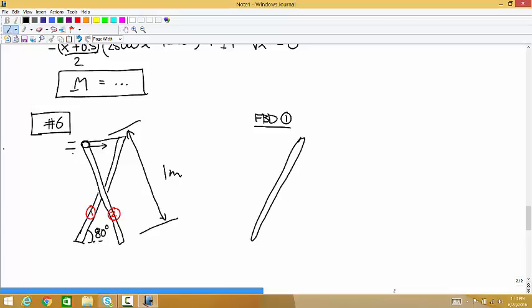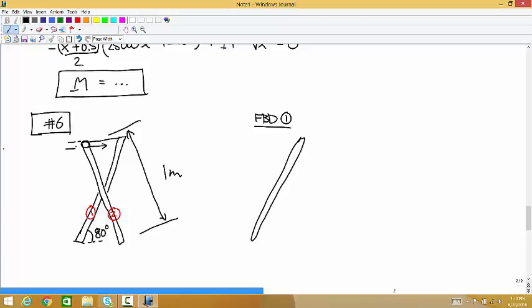I remember there was one problem where you draw the free body diagram for the pulley separately, but in the solution you didn't. In that other question, we isolated the pulley because I asked for the loads acting on the pulley. In this case I don't ask you for that explicitly, so you don't have to do it, but you could. If you were asked for the loads on the pulley, you could do it just the same way.